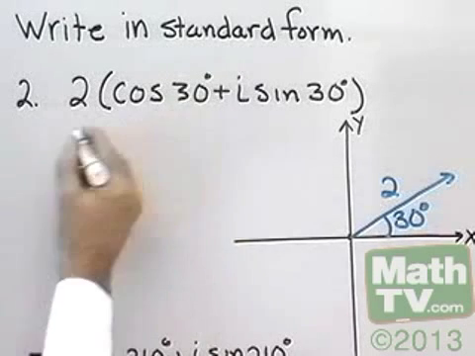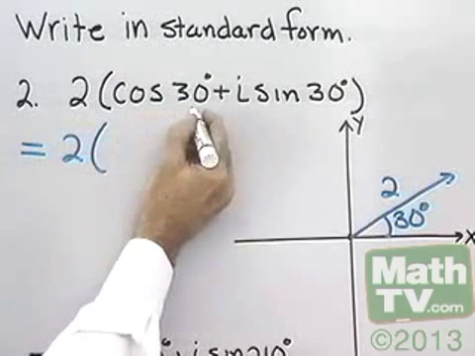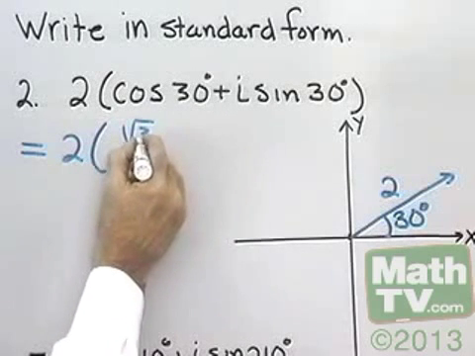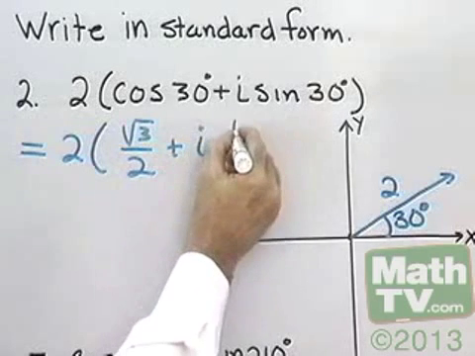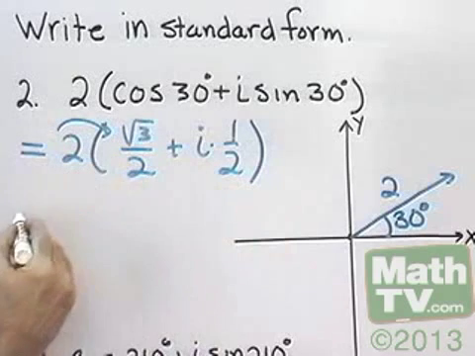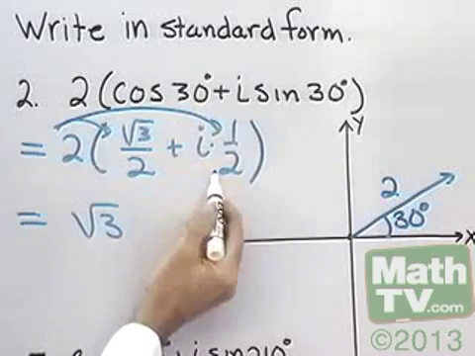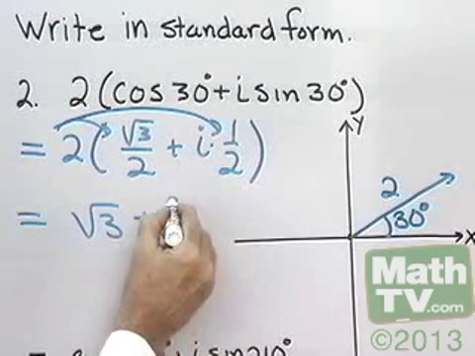To write this in standard form, I simply look up these values. I'll use exact values right here. Cosine of 30 is square root 3 over 2, plus i times the sine of 30, which is 1/2. Then I'll multiply 2 times this fraction, and I'll have square root 3. 2 times this fraction, and I'll have 2 times i times 1/2, which will just be i.